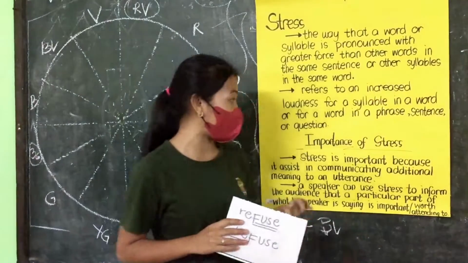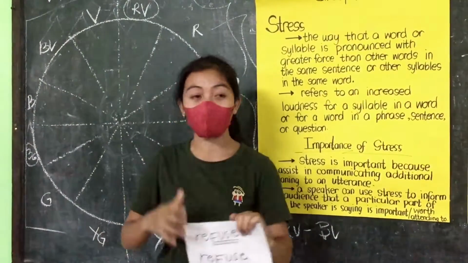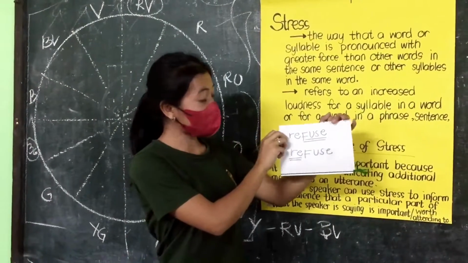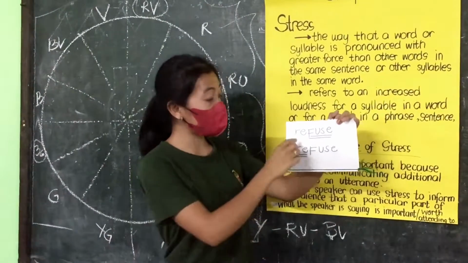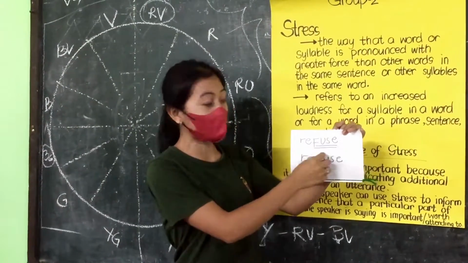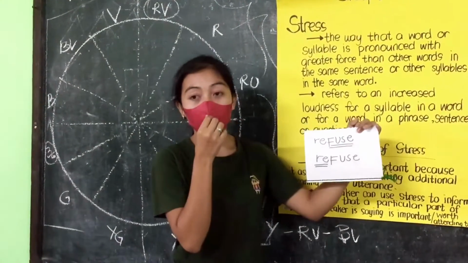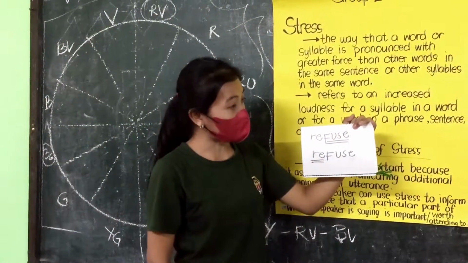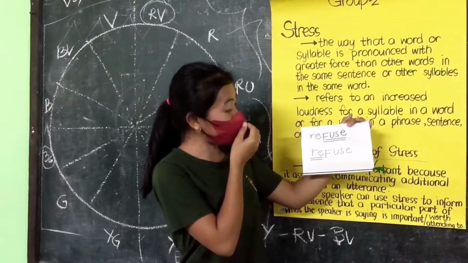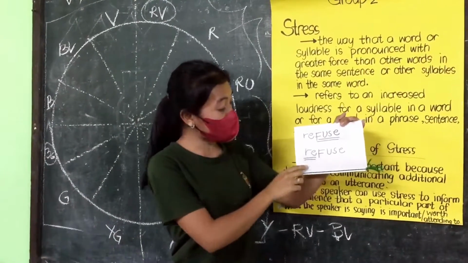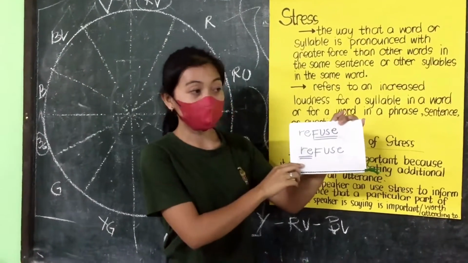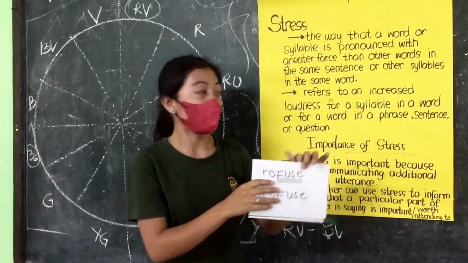For example, I have here the word refuse. Refuse is a verb, and the word refuse has two syllables. When we stress the second syllable, this means to say no or deny. Then the second word is refuse. When we stress the first syllable, this means garbage.